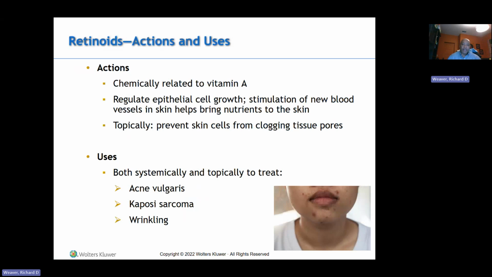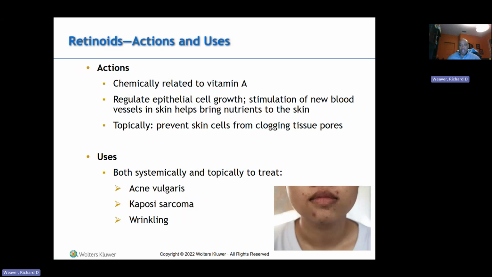So retinoids have become the first line treatment. This informs healthcare providers that when something is a first line treatment, then it is more preferable than other listed therapies. So these particular drugs would be considered your first line treatment of facial acne and many other skin disorders. Now, these drugs are used both systemically as well as topically.